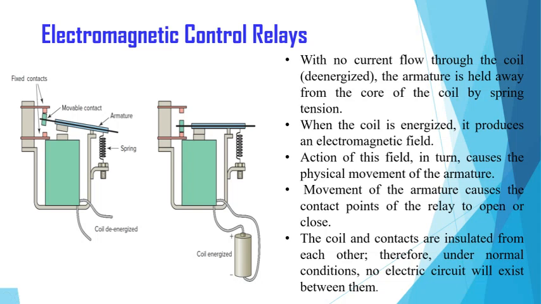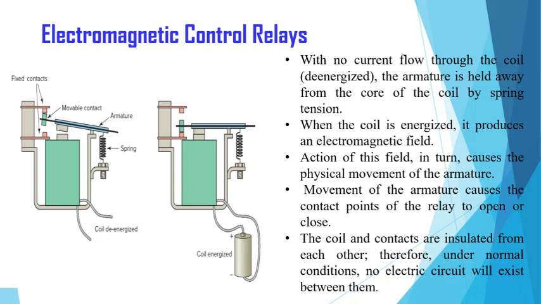With no current flow through the coil, that means when the coil is de-energized, the armature is held away from the core of the coil by spring tension. When the coil is energized, it produces an electromagnetic field.